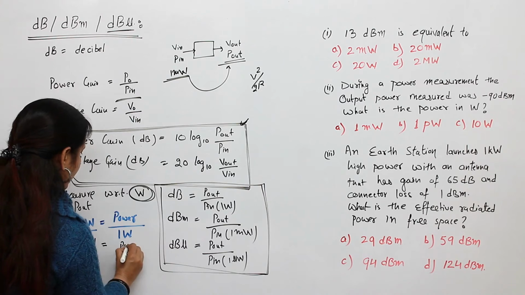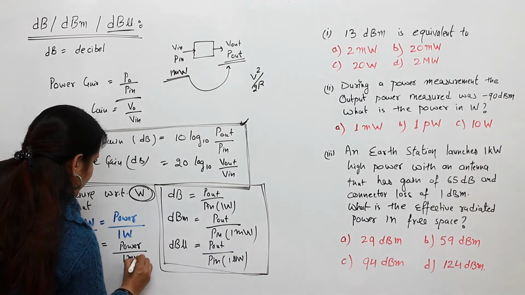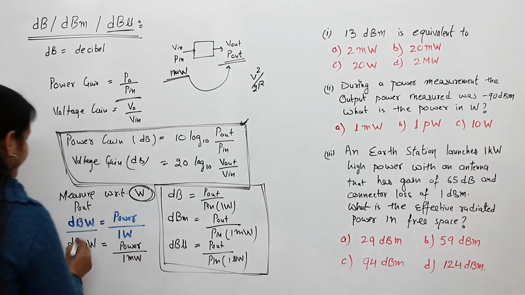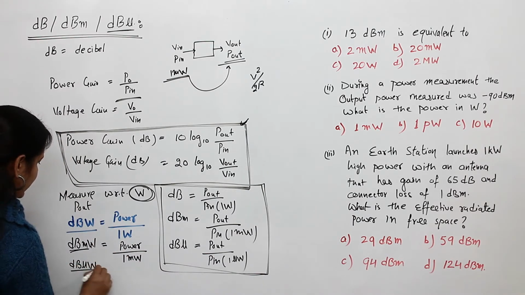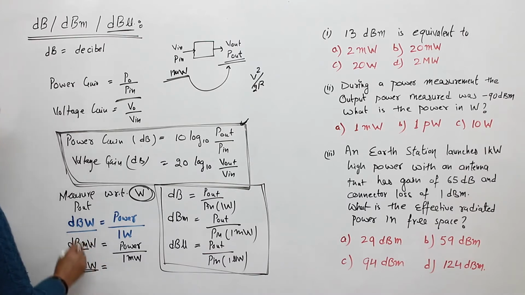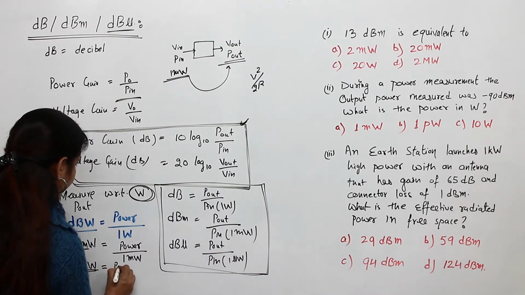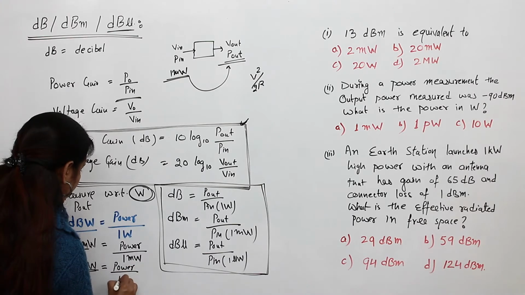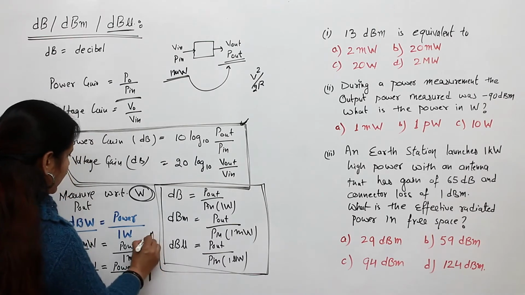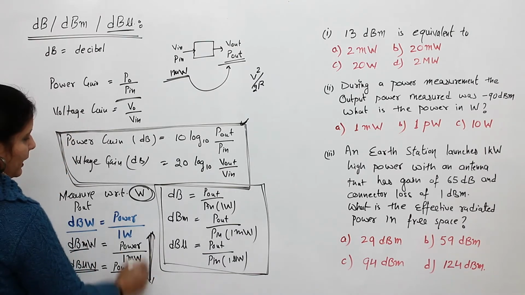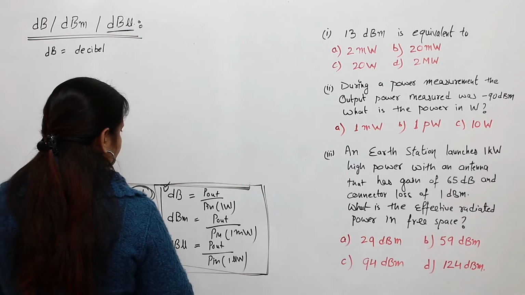So, power intensity with respect to 1 milliwatt as a reference. And similarly dB microwatt, this is a term to describe the power intensity when the reference power is 1 microwatt. These terms are used in satellite and optical communication. I will explain these terms with the help of an example.